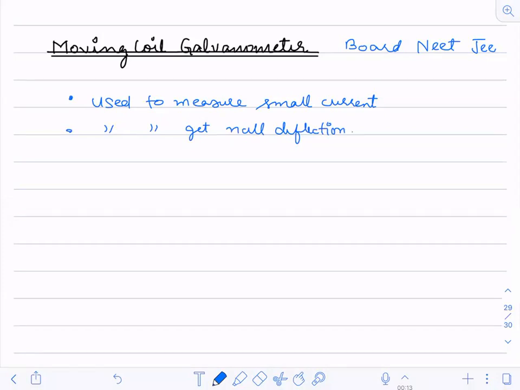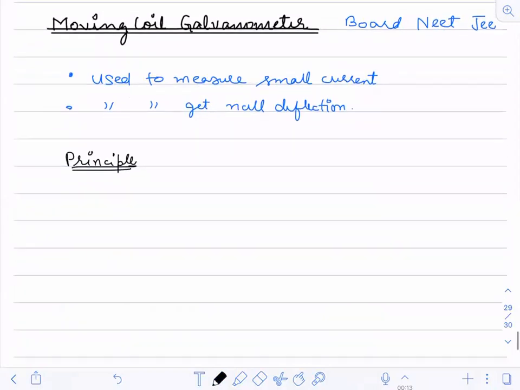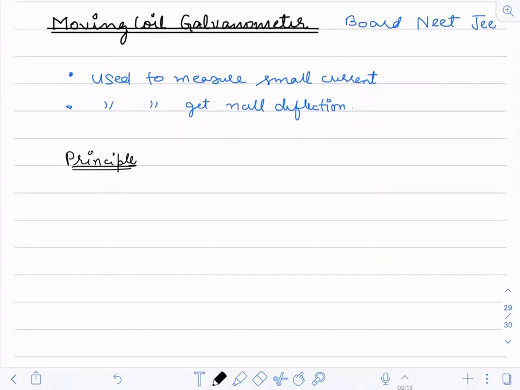Now what is the principle? See, the way I'm writing, if it comes in the 3 marks and they ask you to explain moving coil galvanometer, you are expected to write in the same way in the exam. You have to write 1 or 2 points about the galvanometer, why it is used, what the purpose is, what it actually is.